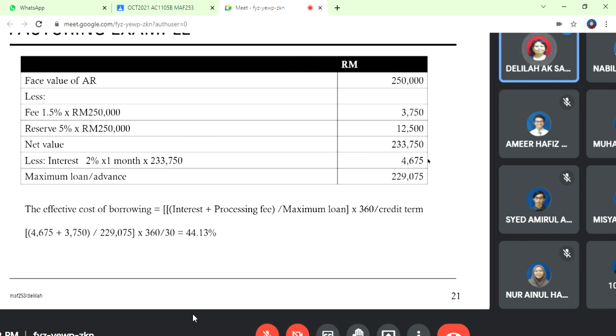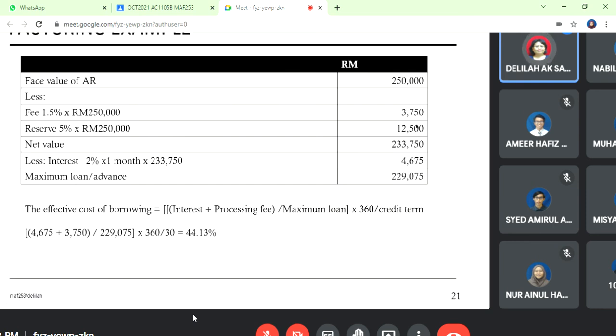When you do factoring, the interest is a discount interest. That means you don't get the full amount that you want. So 229,075 is the amount of the maximum loan.